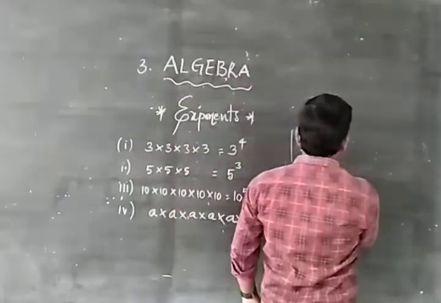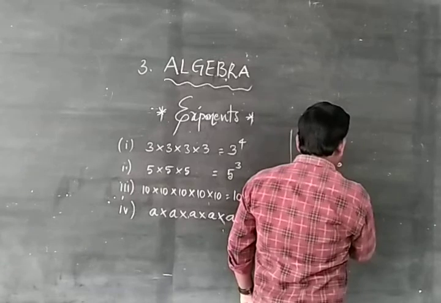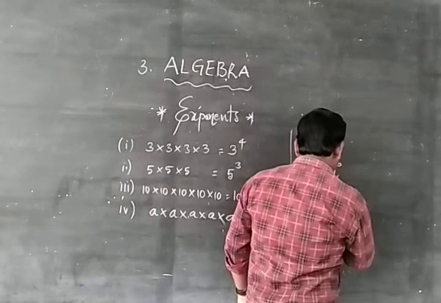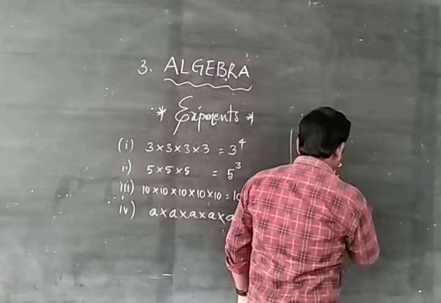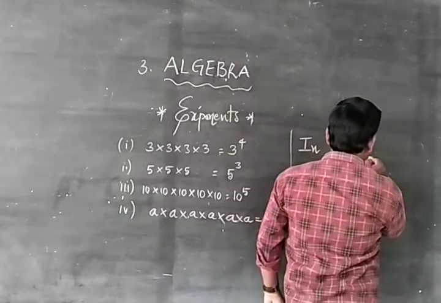In A power 6, A is called the base. 6 is called the power or exponent.